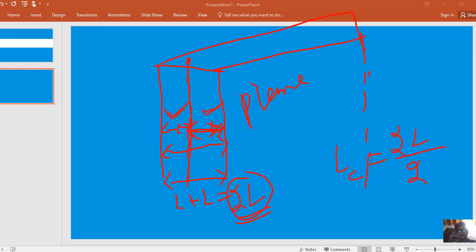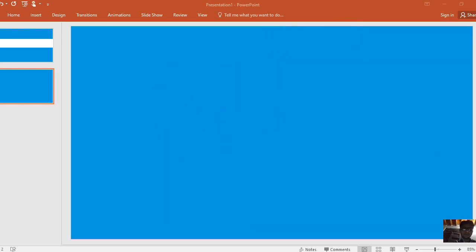Now for another geometrical figure, like a cube, the characteristic length will be equal to the volume of the cube divided by the area. Suppose this is a cube, this is length, this is also length.